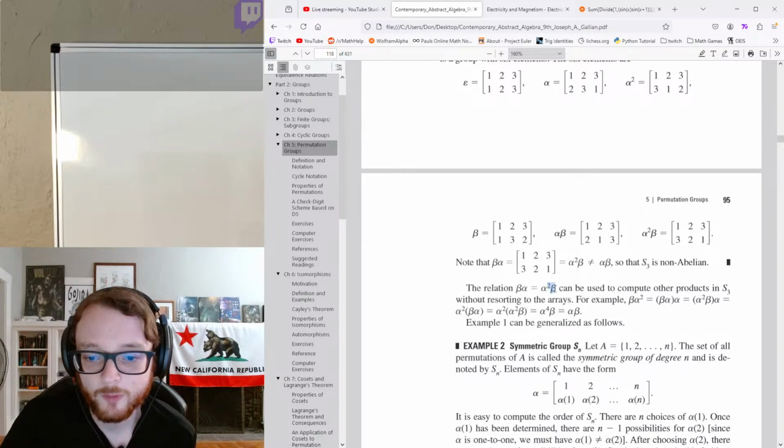If you start with alpha squared beta, you can use the associativity. How do they go? Here they use beta. Oh, they use this relation to get another relation. If beta alpha equals alpha squared beta, they can use this to show that beta alpha squared equals alpha beta. Interesting.